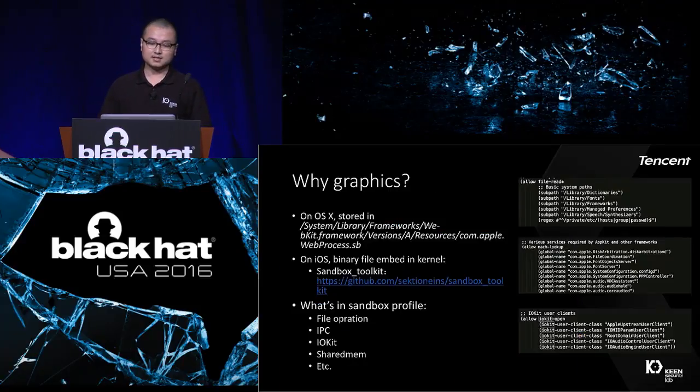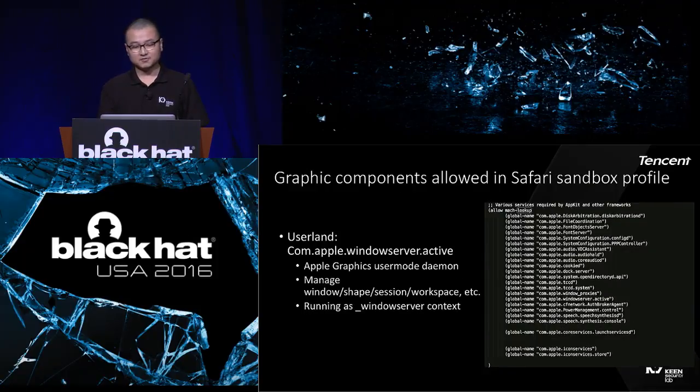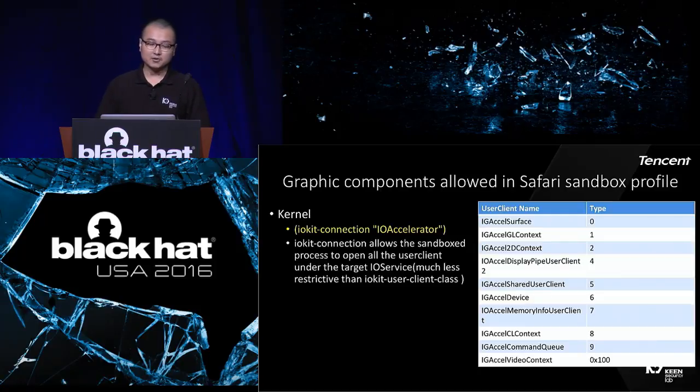If you look at the sandbox profile on OS X or iOS, you will find that in both user mode and kernel mode, the Apple Graphics components are allowed to be called. From the user mode on OS X, it's the WindowServer.active. And in kernel mode, it's done by the IOKit connection, IOAccelerator.